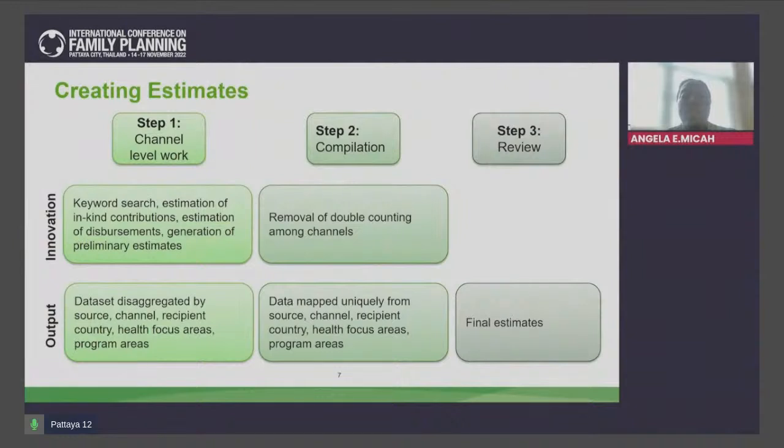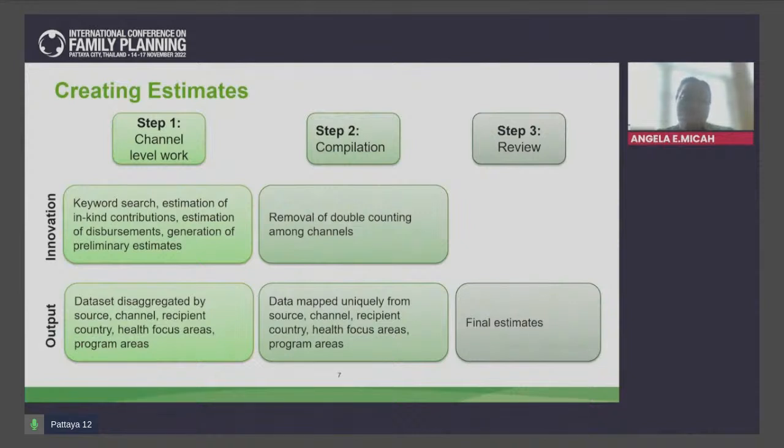We begin at the international development agency channel level, where we create estimates leveraging a keyword search function to help us distinguish what health focus areas or program areas the various project activities were related to, based on the project descriptions that are provided in the various databases that we leverage.